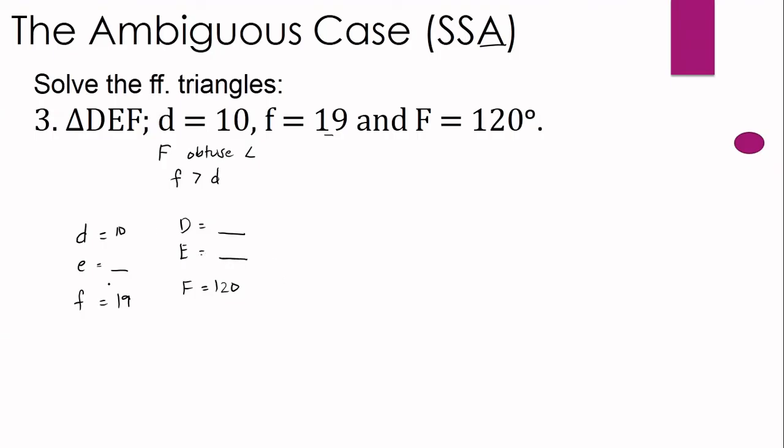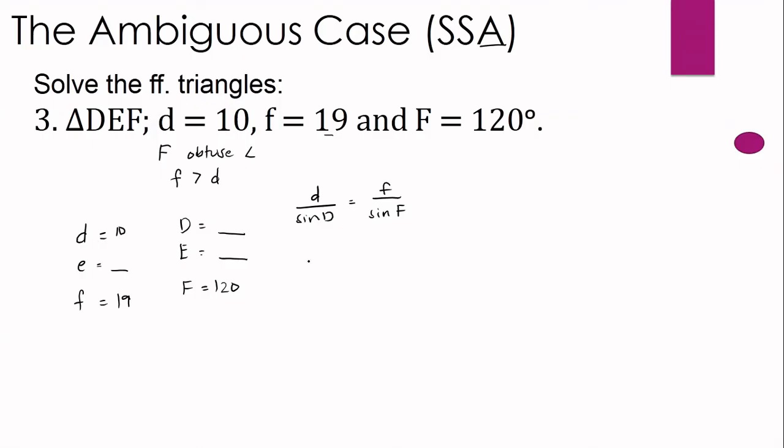Dito pa lang, pwede na nating malaman ang ating gagamitin na equation. Since we have side D here and kompleto ang F, una nating makukuha is angle D. So, ang equation na gagamitin natin will be D over sine D is equal to F over sine F. Then let us substitute.